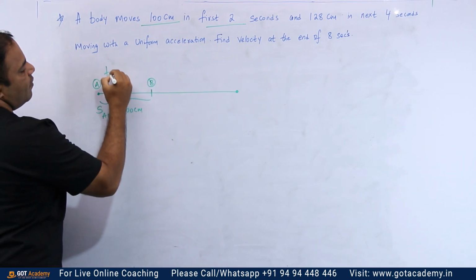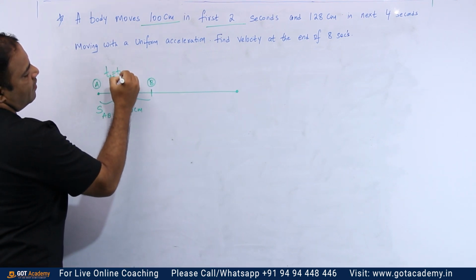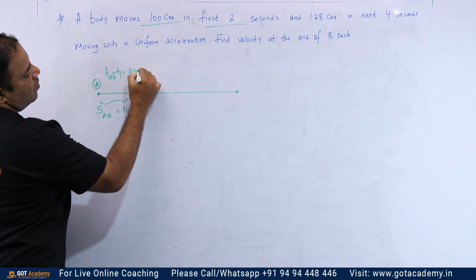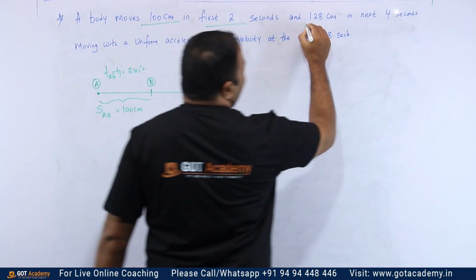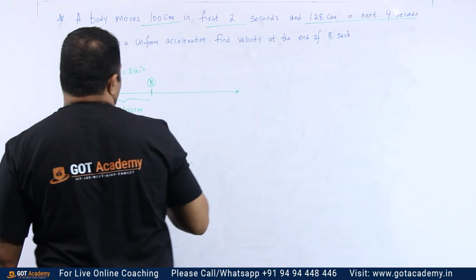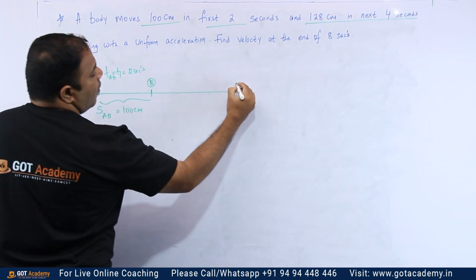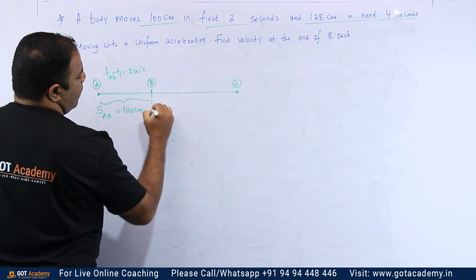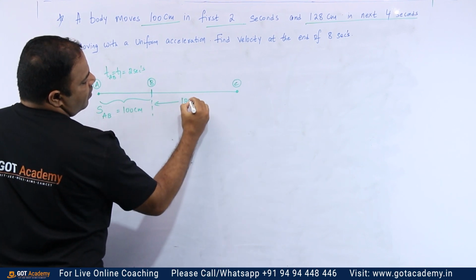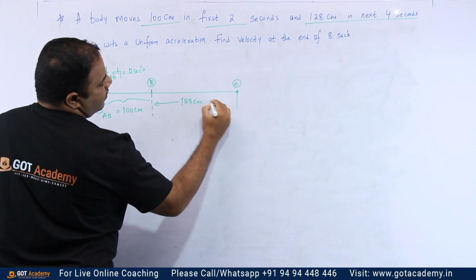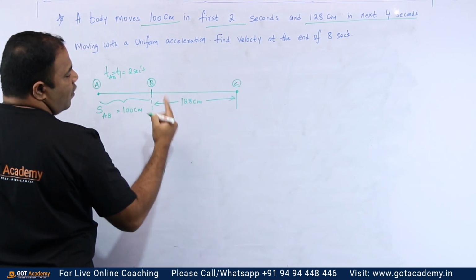So the time taken from A to B, or let it be T1, that's your wish, is equal to 2 seconds. Next, what was given? It covers 128 centimeters in the next 4 seconds. So from B to point C, let me take it as 128 centimeters, in a span of 4 seconds.